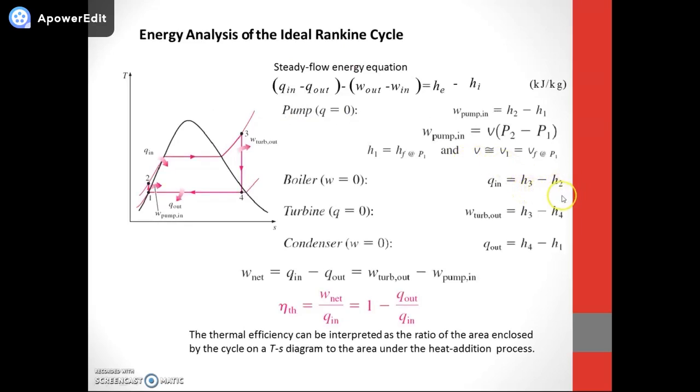So how about H2? You need to solve this one, H2. Where can you get the H2? You can solve it using this equation, or you can solve it using this one. Work pump in equals H2 minus H1.